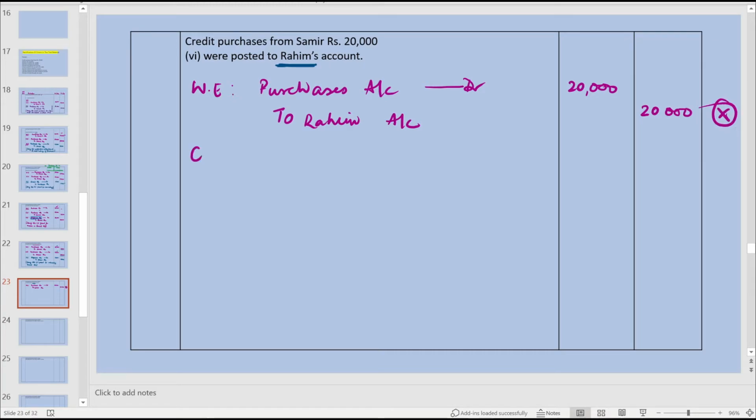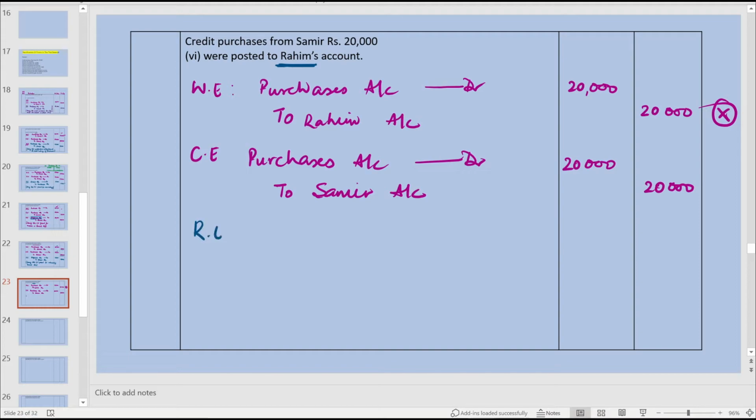So what is my correct entry? The correct entry that should have been passed is purchases account debit to Samir account, so 20,000, 20,000. And what is the rectification entry? You can see purchases are there on the debit side with the correct amount. Now the only problem is the change of account head. They have written it in another supplier, so we need to reverse it. So I will have to debit Rahim, so it nullifies.